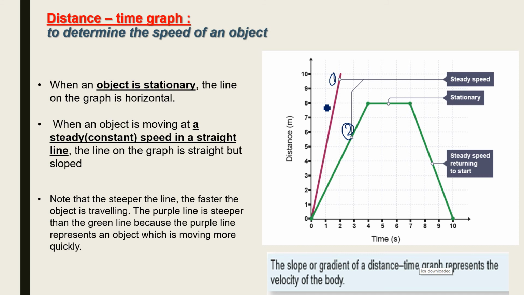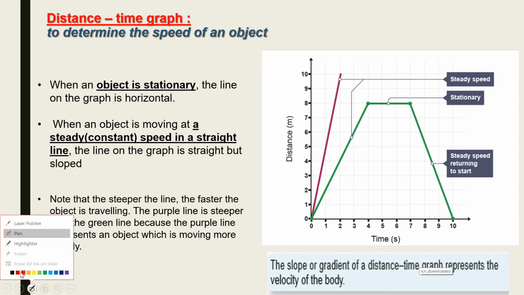What does steeper mean? Steeper means that the distance covered by the object is increasing more rapidly. Like if you check it, during 1 second, the distance for car 2 increases by 2 meters, but the distance for car 1 increases by 5 meters. So which car is covering more distance in the same time? I will show it to you again using another color.